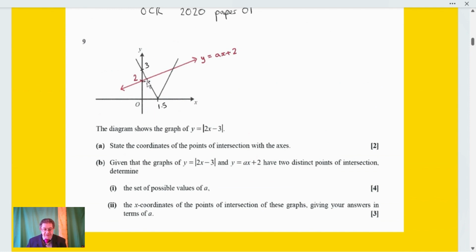Well, if a continues to increase, there will be 2 points of intersection, and that will continue up until the point when y equals ax plus 2 becomes parallel to this part of the modulus graph. In other words, when a equals 2.